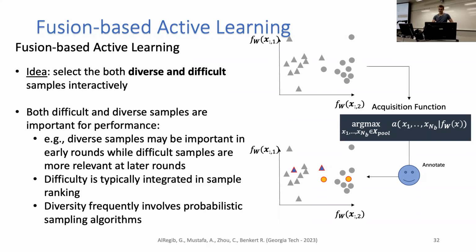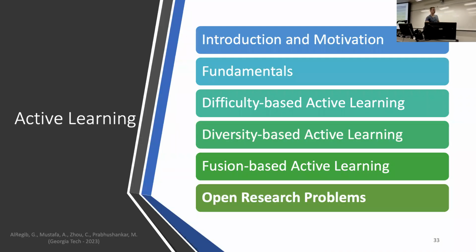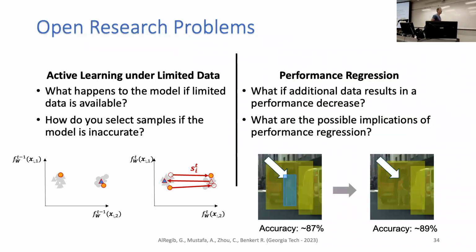Okay, cool. Then let's talk about open research problems. This is really where we see the limits of what we can actually do, and I think this is probably one of the coolest parts of this lecture. What I want to talk about are two different areas. The first one is active learning under limited data.